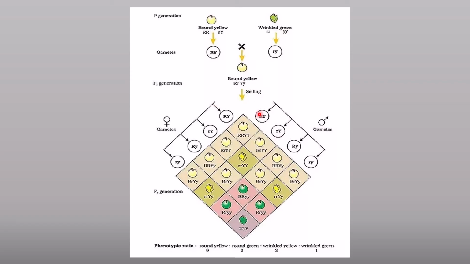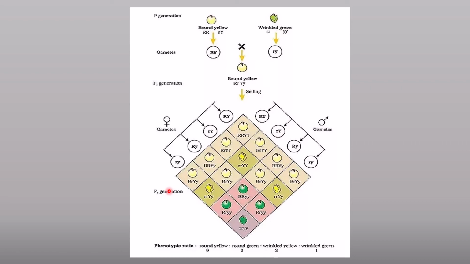So as a result, four different gametes were formed, and the frequency of occurrence of these gametes was equal. Out of four, 1/4 were of one type, that is double dominant, and 1/4 were one recessive and one dominant, and so on.